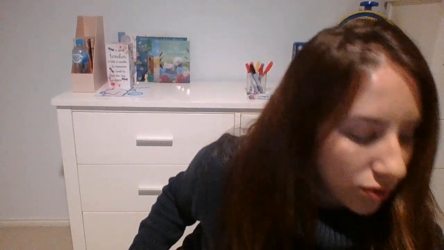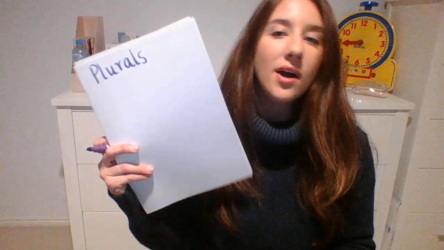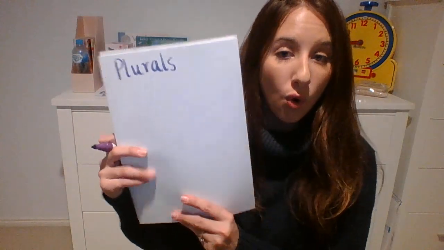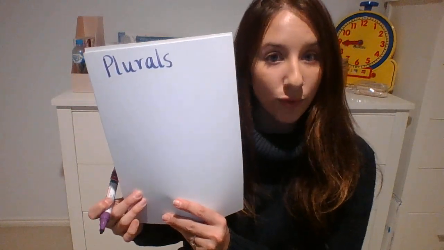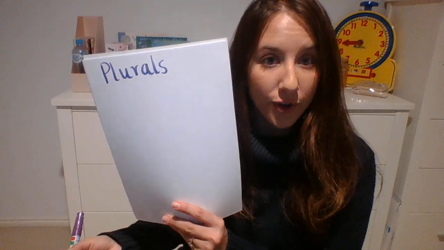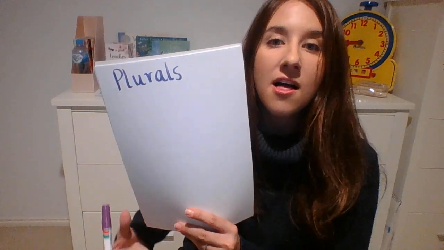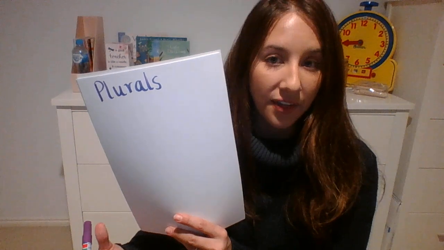While you're reading, on a new page in your workbook, you are going to write the title Plurals. Okay. And you are going to make a list of all the words that you find and read that are plural. Okay. That means, remember, there is more than one of that thing.